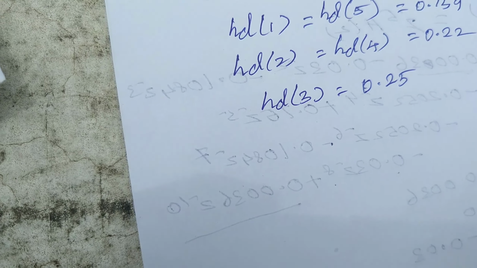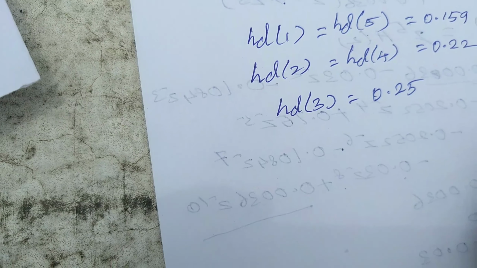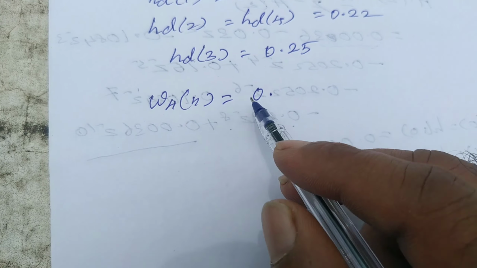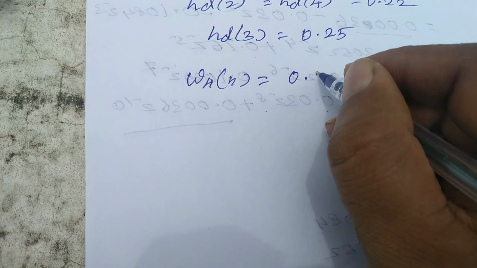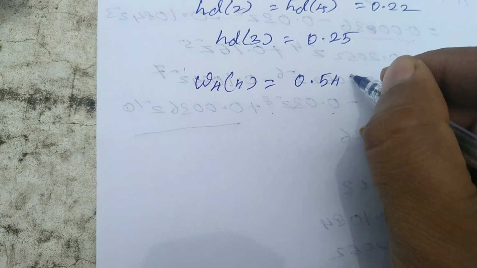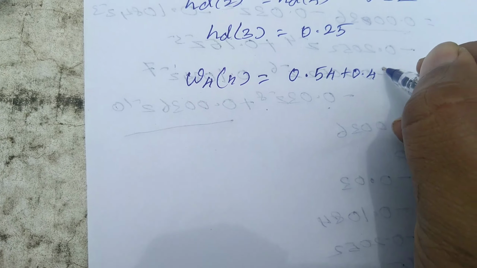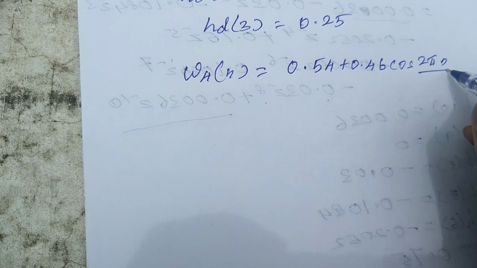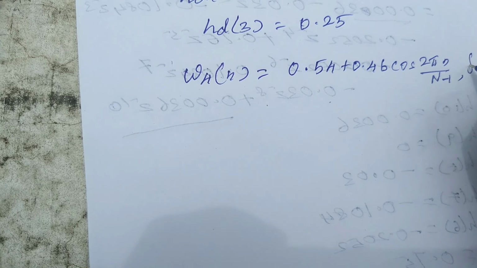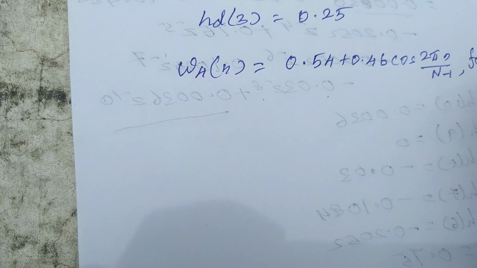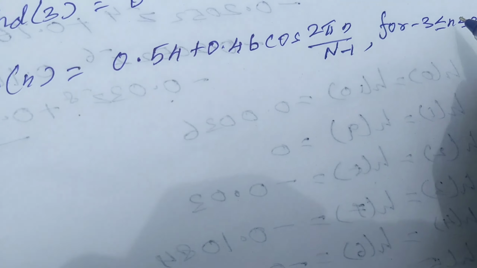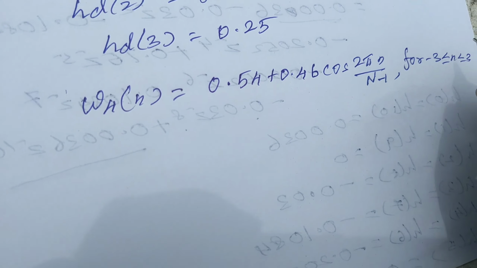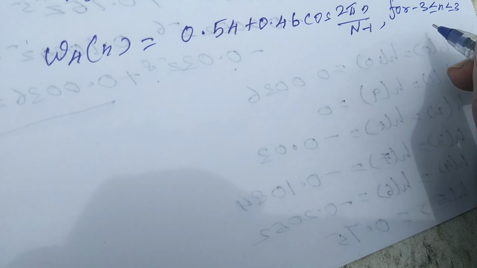So we can define the Hamming window sequence: wh of n equal to 0.54 plus 0.46 cos of 2 pi n divided by (N minus 1), for n from minus 3 to 3, and for the remaining cases it is equal to 0.